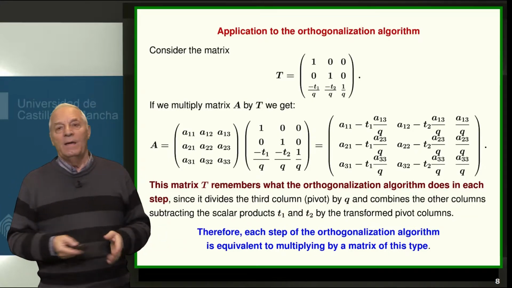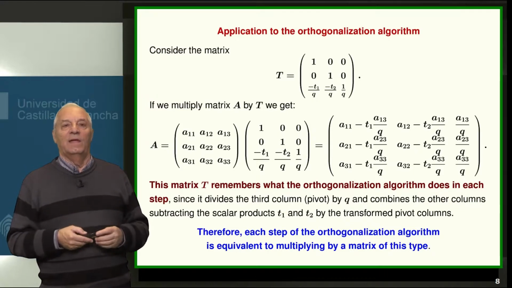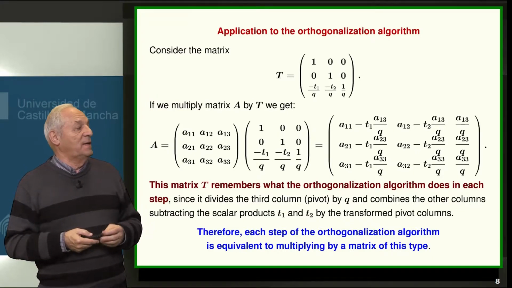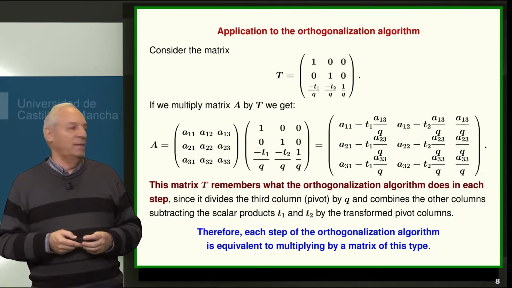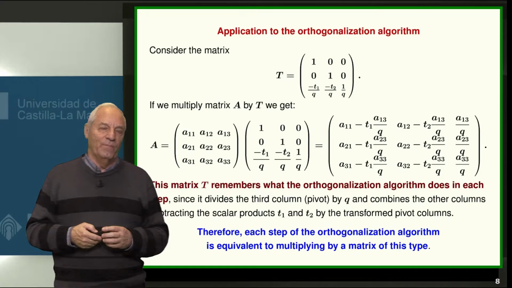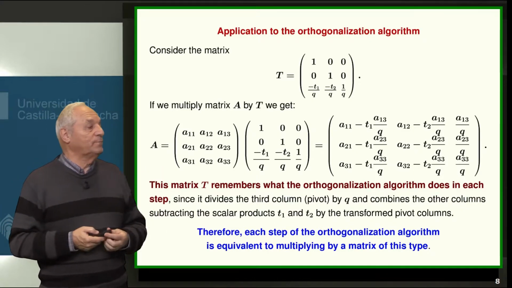Now we are going to multiply any matrix, in this case of dimension 3 by 3, from behind, by this matrix, and let's see what happens. If we multiply, what we find is the shown matrix.